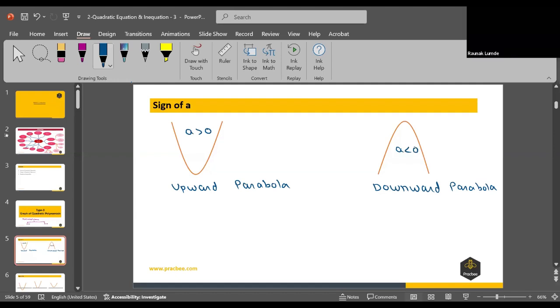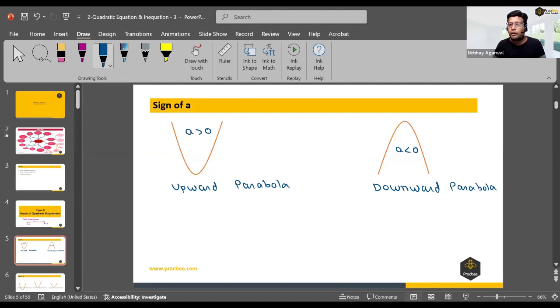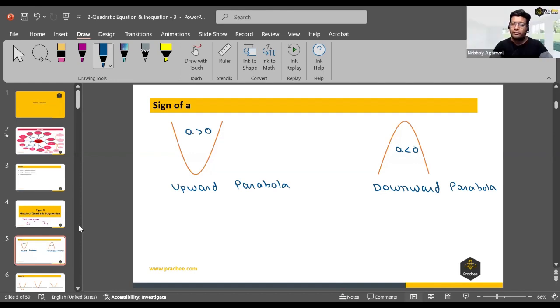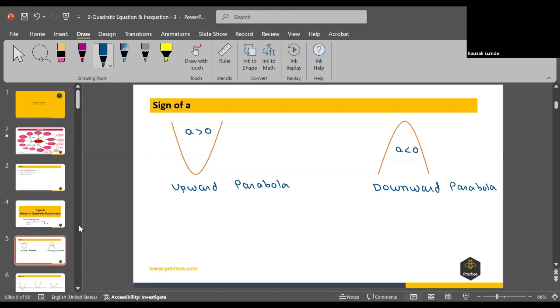But my question is, why is the graph of a quadratic polynomial a parabola?